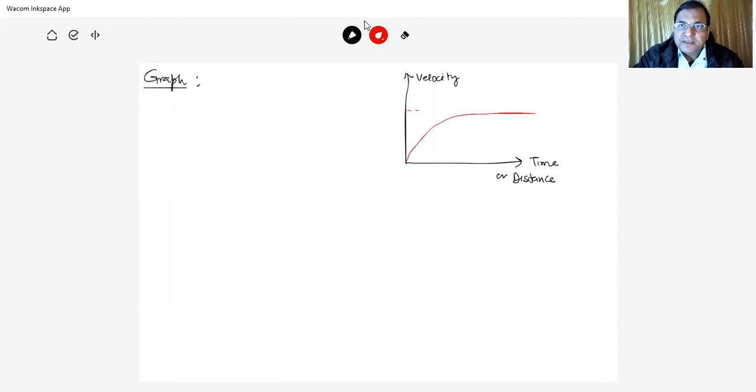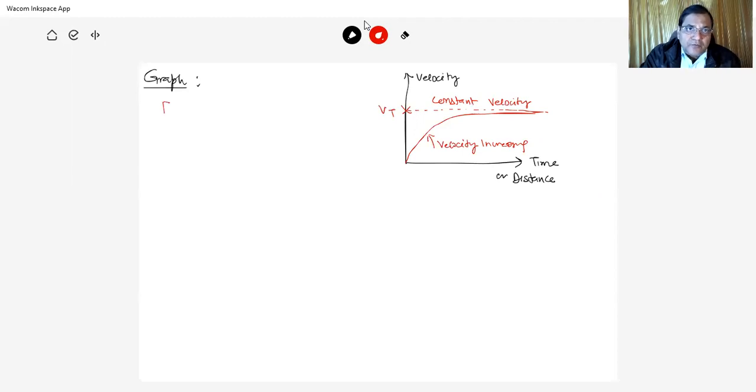Initially the velocity is increasing, and here it is constant velocity after a certain interval of time.